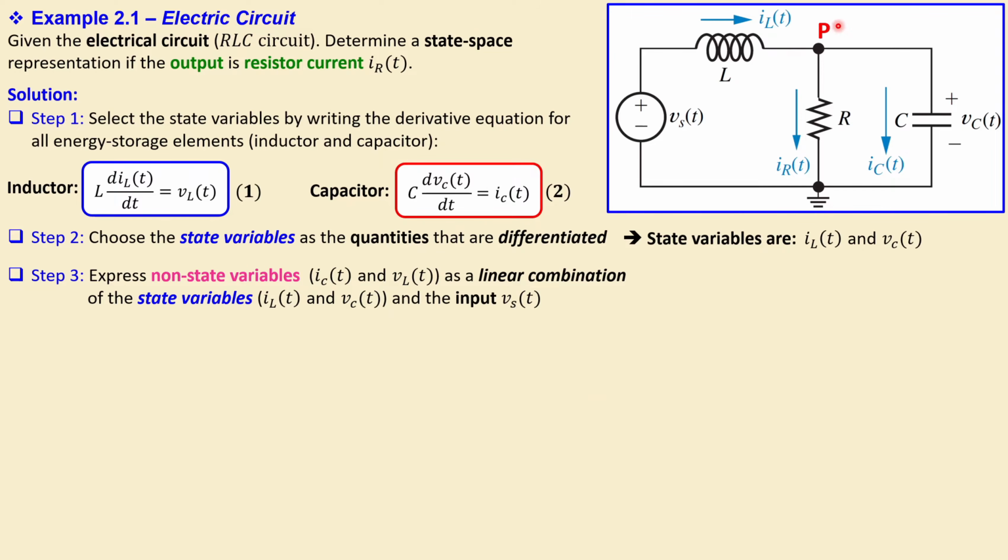All right, now let's call this point P, because we need to work out a little bit more equations here. We need to use the governing equations for the circuit, which are Ohm's law, Kirchhoff's current law, and voltage law at point P. I will just apply nodal analysis directly here. This current will split into this and this current, so IL is equal to IR plus IC.